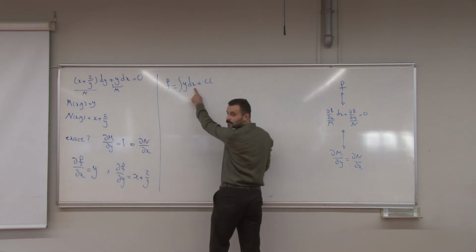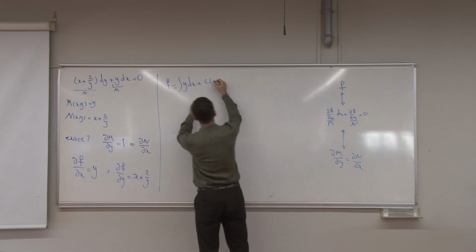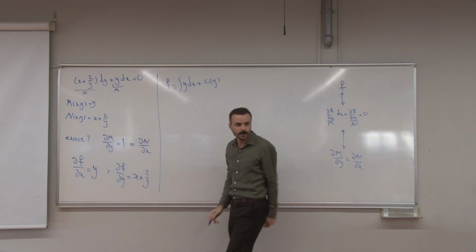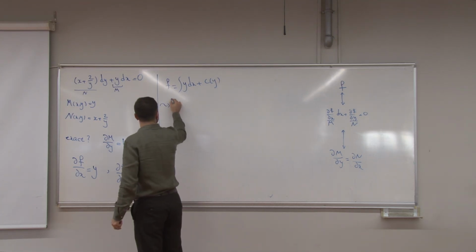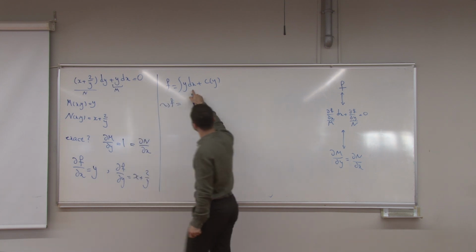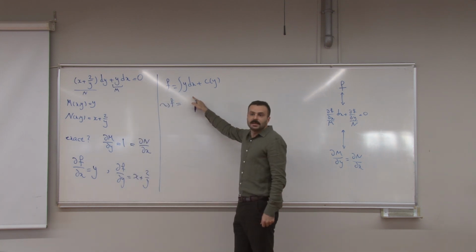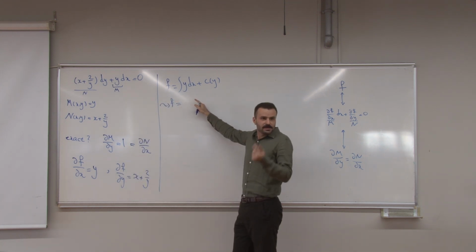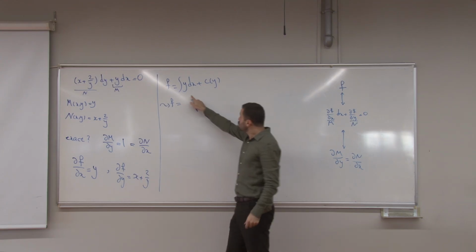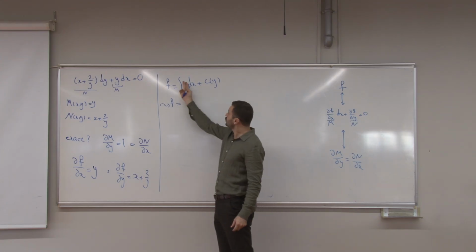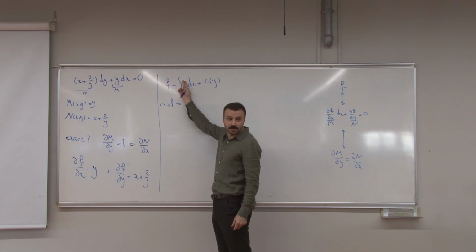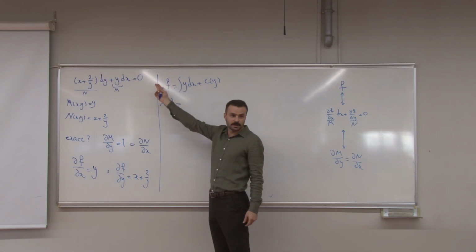I'm taking the integral, so this is going to be 1. Okay? So what is my f then? My f is going to be equal to, since we are taking partial derivatives, we are assuming that x and y are independent from each other. So this y in this integral is behaving like a constant. So I can take it out of the integral.